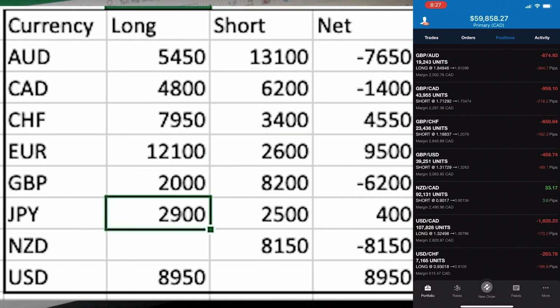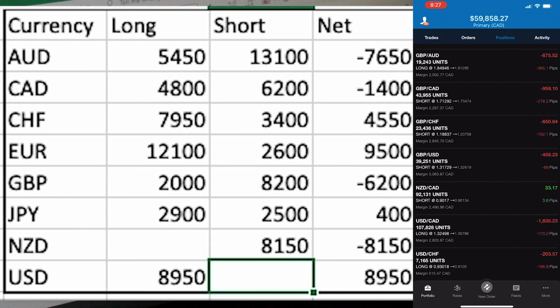Okay, so as you can see, I really need to fix a lot of these numbers. The only ones that look decent, there are two actually, are the Japanese yen and the Canadian dollar. They are under $1,500 on one side.